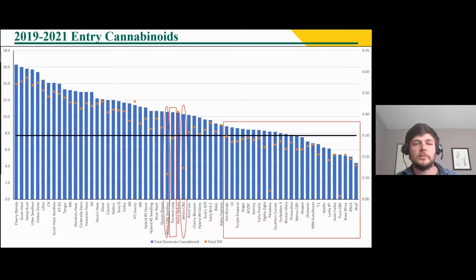So of course, regulations are definitely going to be challenging moving forward for a number of folks, but we can pick out, I think a little less than half of these varieties that, if they're grown to full maturity, are still maintaining something just below 10%, but also below that 0.3 limit.